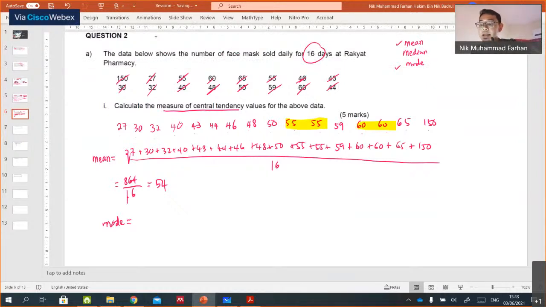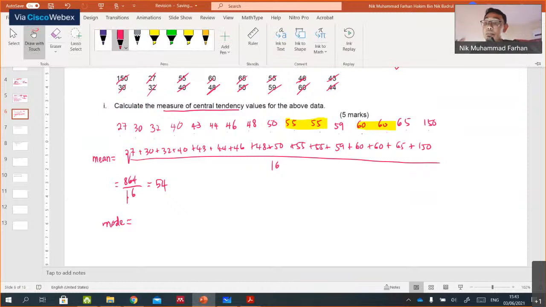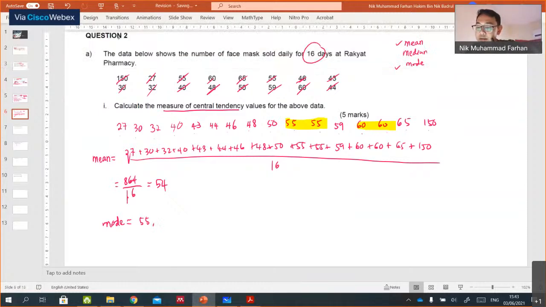The others don't, right? In this case there are two modes, because mode can be more than one answer, or there can be no mode. So 55 and 60 are two answers. Write both.